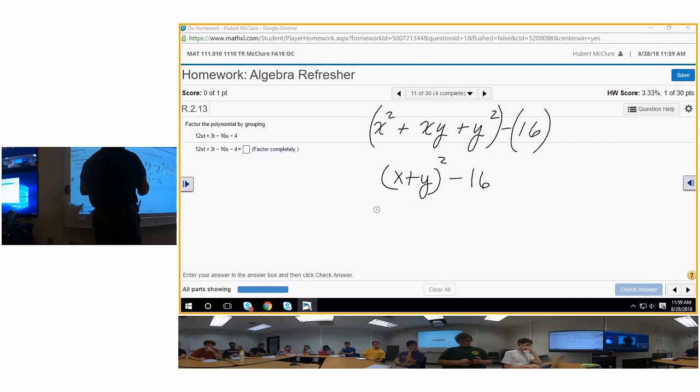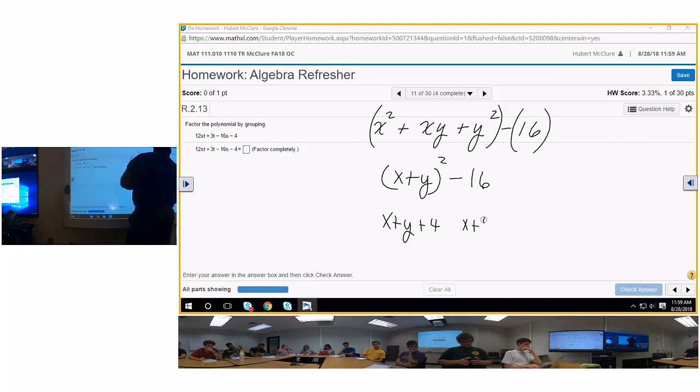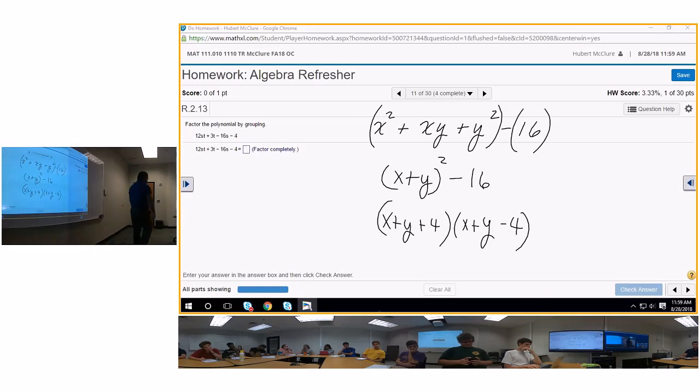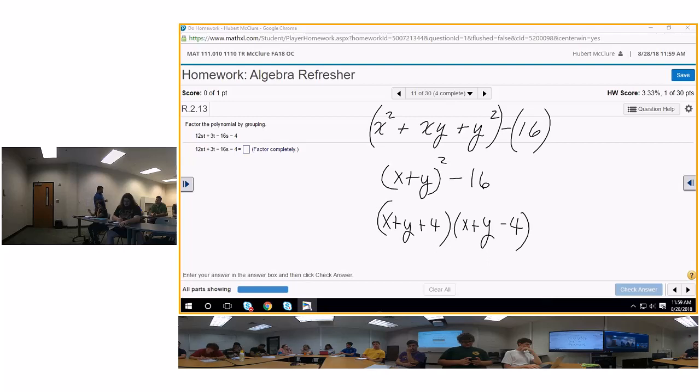Now you have shortcut number 2, which would be x plus y plus 4 and x plus y minus 4. So that's a 3 by 1. You might want to write that 3 by 1 down, just in case. That's always the case, and you're going to see a lot of those in Calc 1.